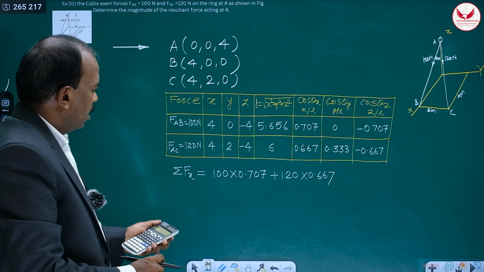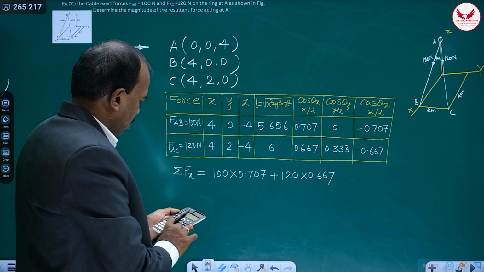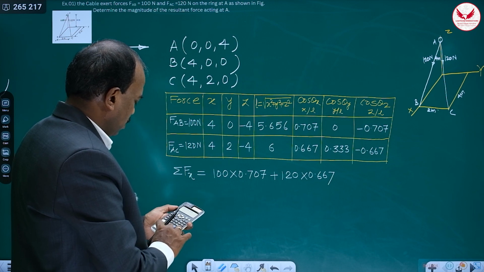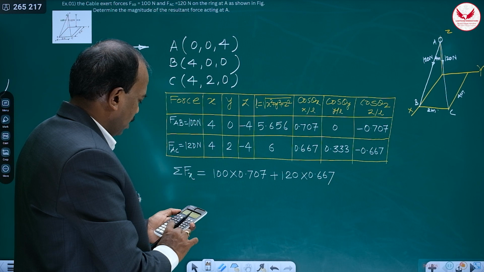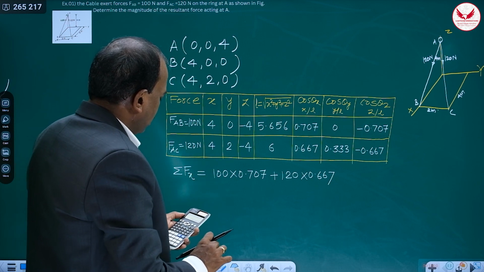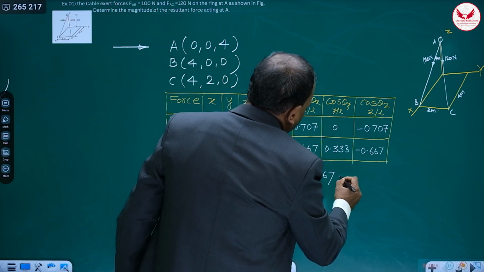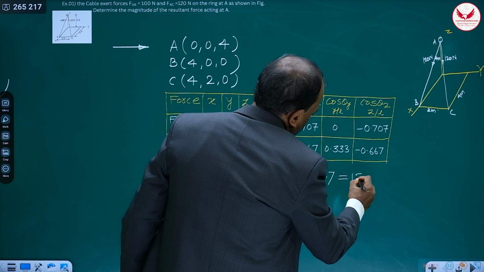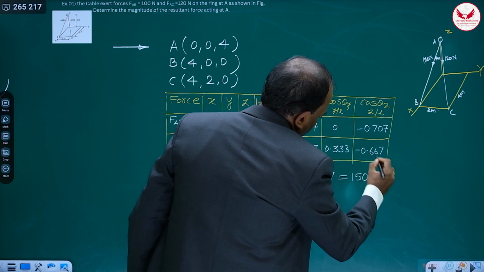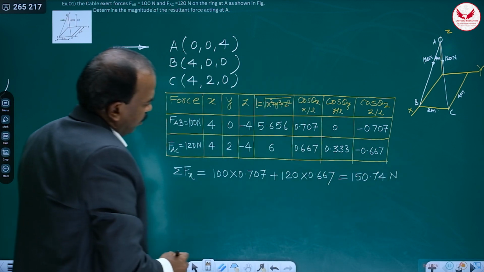And if we calculate these values, 100 plus 120 into 0.667, it is equal to 150.74, so it is going to be 150.74 Newton. So this is summation Fx.